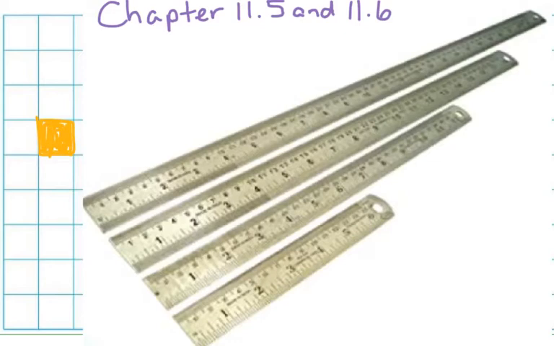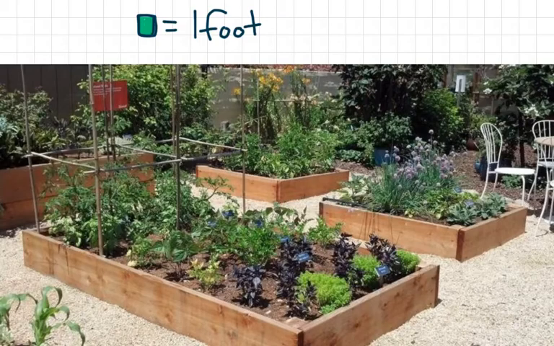And let me show you an example of that. If you were drawing up plans for a garden, say in your backyard, you could see that these boxes are going to have a certain measurement, correct? So this might be 3 feet.